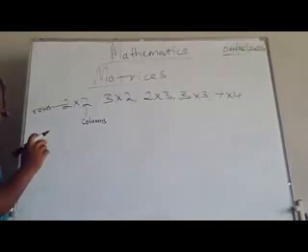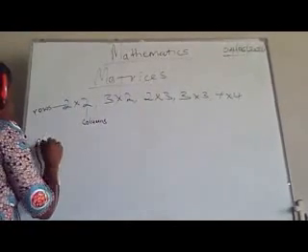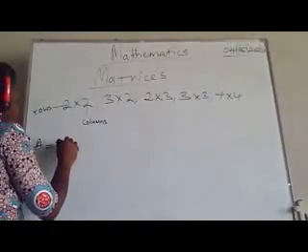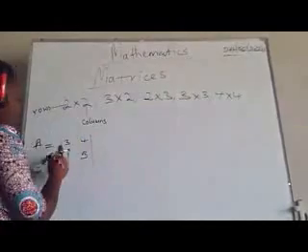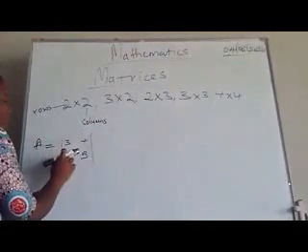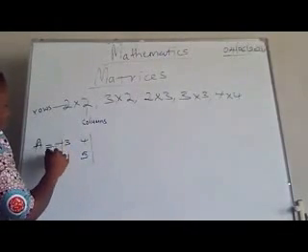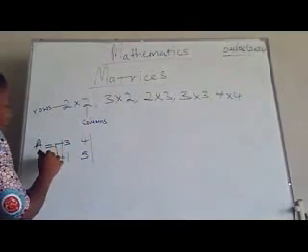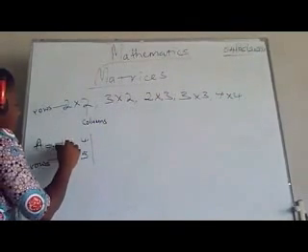Let's begin with a 2x2 matrix. Take for instance, A is giving us 3, 1, 4, 5. This matrix is simply arranged in 2 rows. The first row is this.